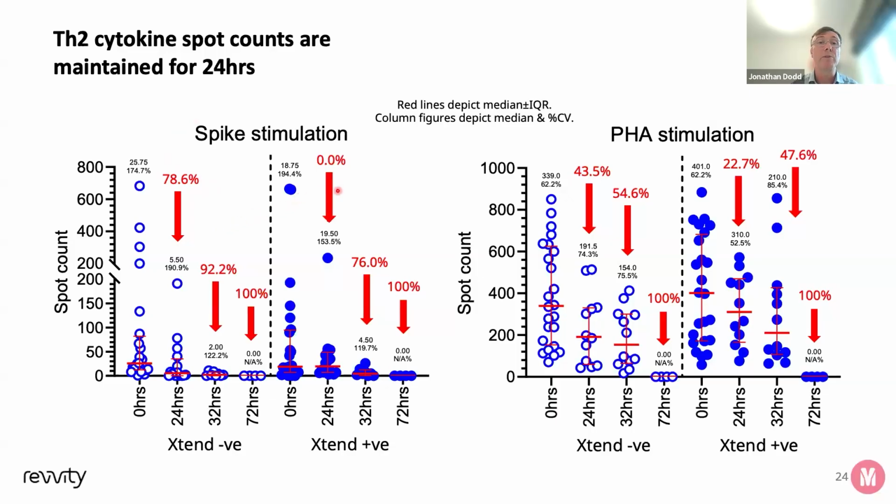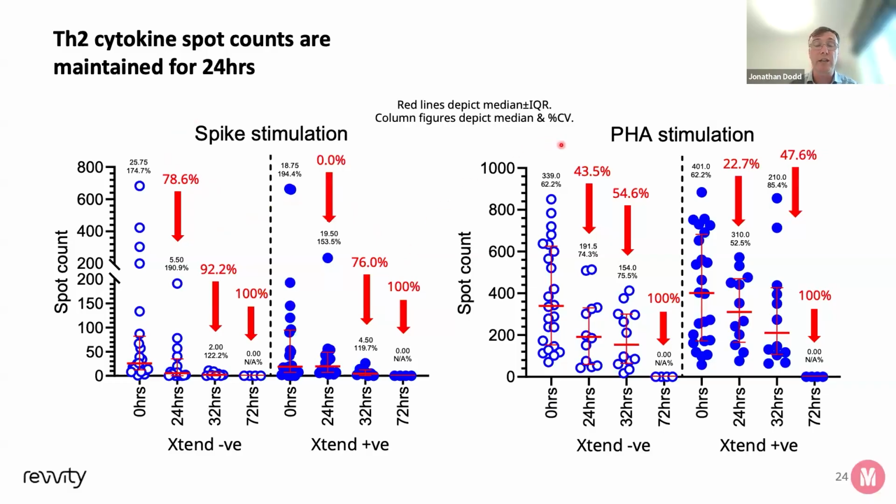In contrast, we saw a protection in the IL-4 and IL-5 spot counts in the presence of T-cell extend, which was small but noticeable at 32 hours, but lost at 72, suggesting that the protection wasn't simply restricted to interferon gamma, it also extended to Th2 cytokines also.